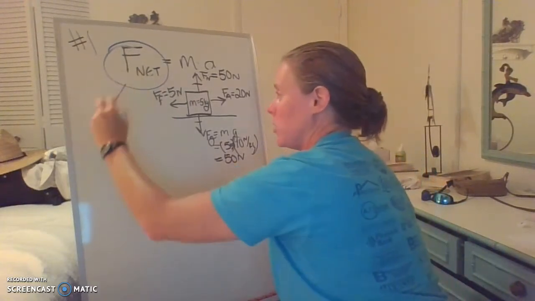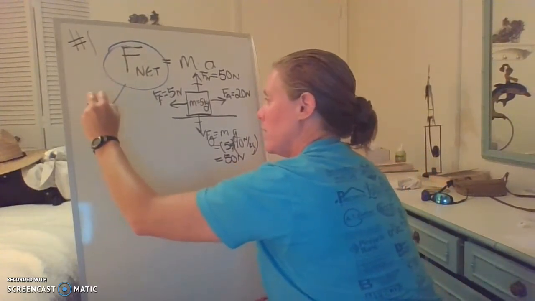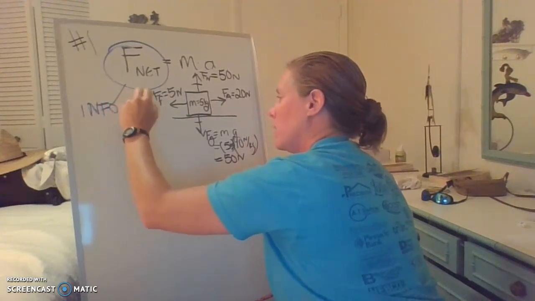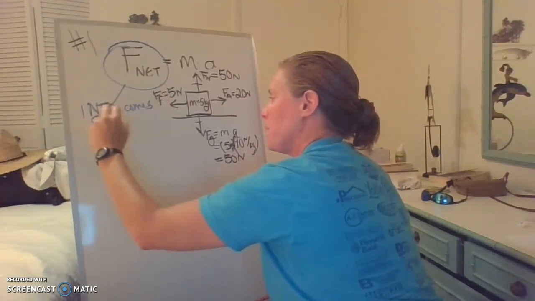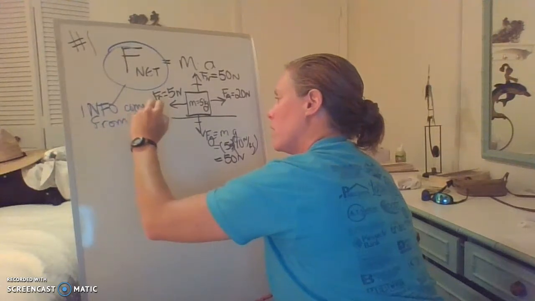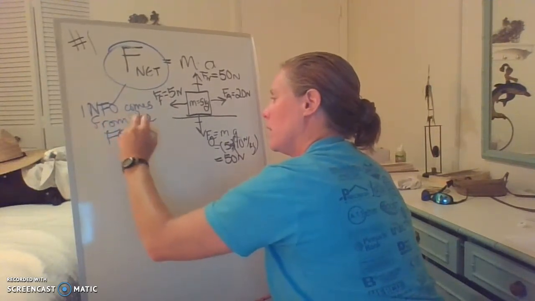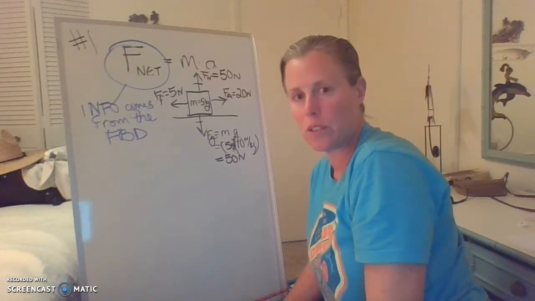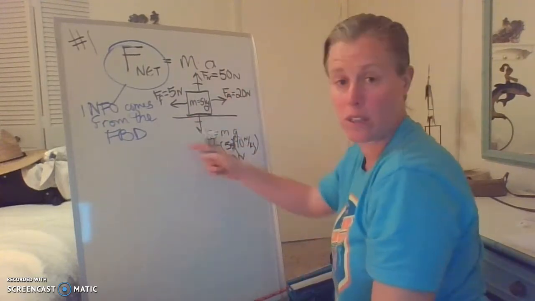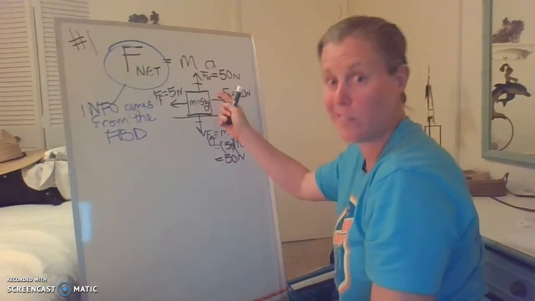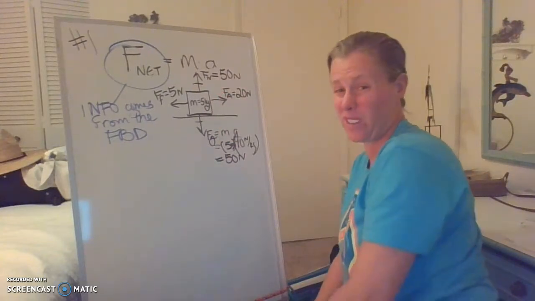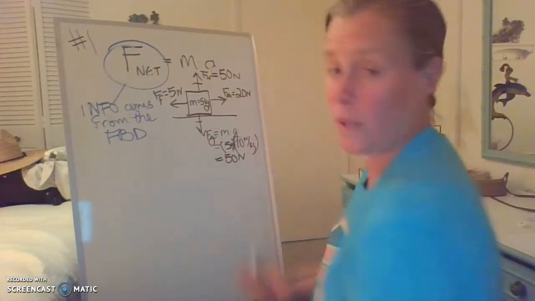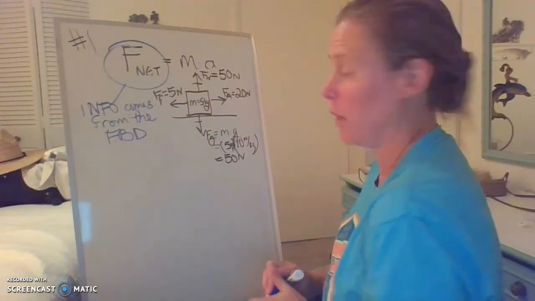I get this information from the free body diagram. I don't look at anything else, so I have to be really good at creating these diagrams. That's why we practiced them so much in the last section. So what's the info I have from the free body diagram?